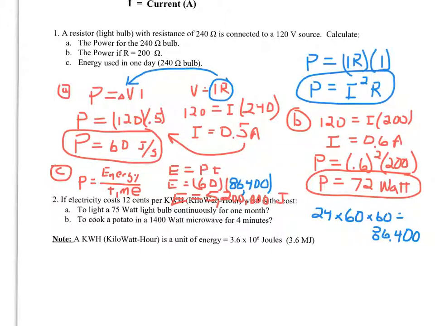That's 5.2 megajoules. I'll circle that in blue. That's my answer for the amount of energy used by that bulb converted to light and heat in one day.